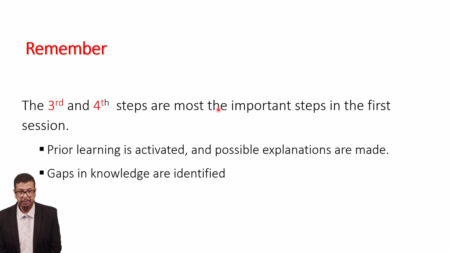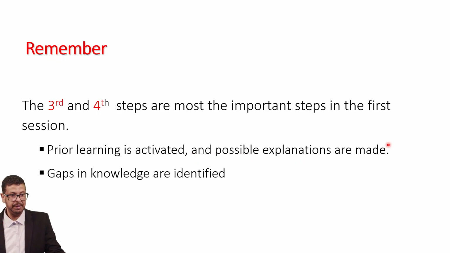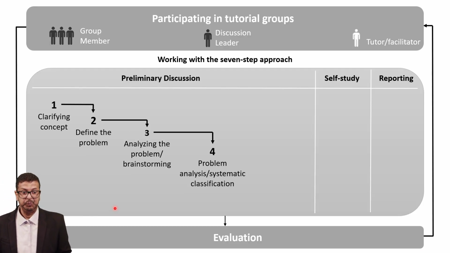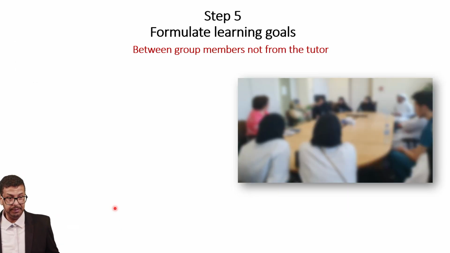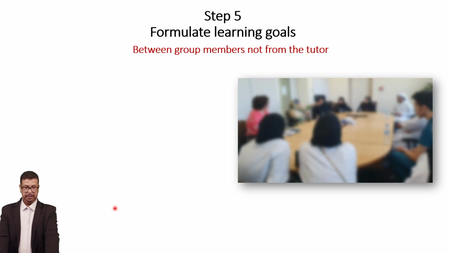It's very important to remember that the third and fourth steps are the most important steps in the first session of PBL, and it's very important that prior knowledge is activated, possible explanations are made, and gaps in knowledge are identified. Then the end of the first session should be formulating the learning objectives.